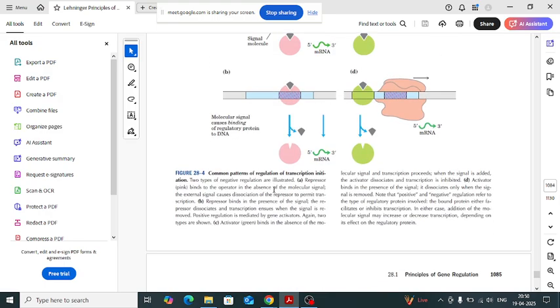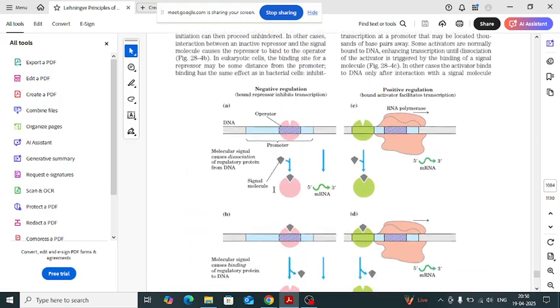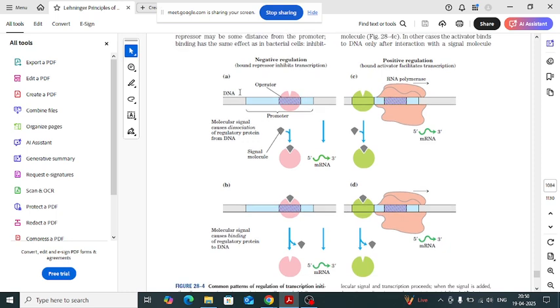Now this is the pattern of two different regulations, negative and positive regulation, for transcription. As we are discussing in the context of the prokaryotic cell, in prokaryotes there is a promoter and there is an overlapping site of operator.